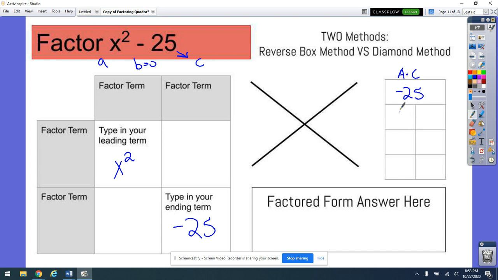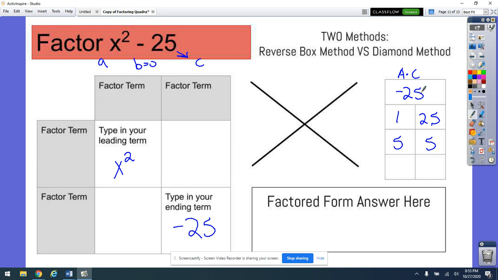So now I'm going to write down my factors. So for 25, I have 1 times 25, and then the other combination I have 5 and 5. Now the idea is this. Out of your numbers, when this is negative here, one of these is going to be negative to make this true.